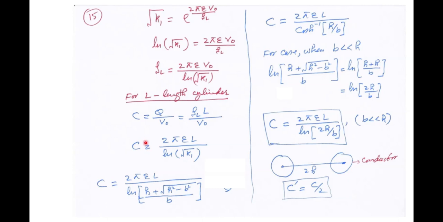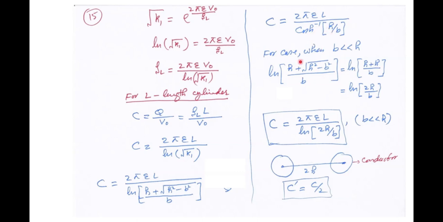So we obtain that capacitance is equal to 2 pi epsilon L divided by ln square root K1, or using the value of K1 in terms of H and B, we can obtain the capacitance between a conducting sheet and a cylinder in this form, and the expression in the denominator is basically equal to cosine hyperbolic inverse h by b.